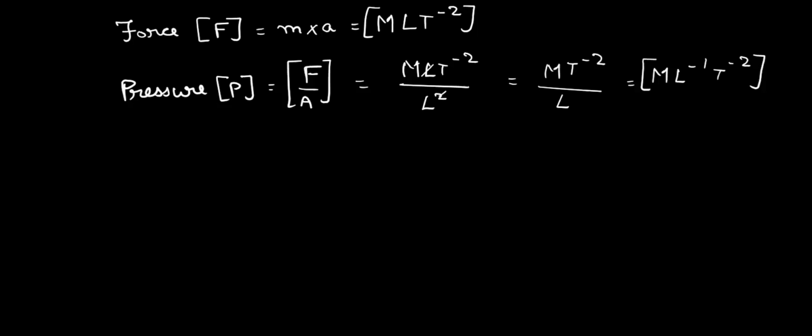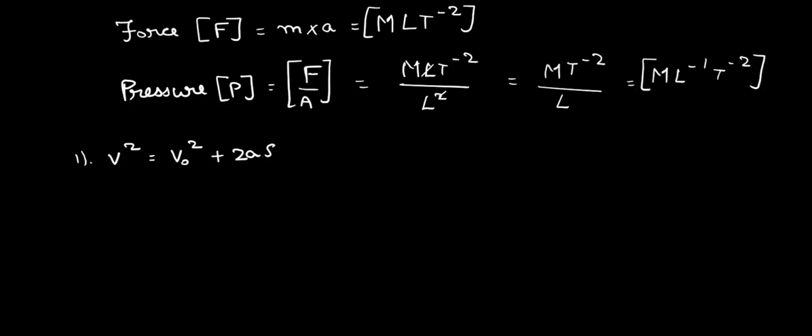The problem is V square is equal to V naught square plus 2as. We have to check whether the dimensions of the left hand side and the right hand side are equal.